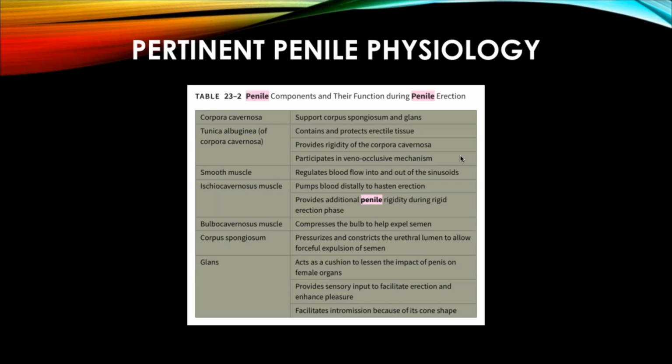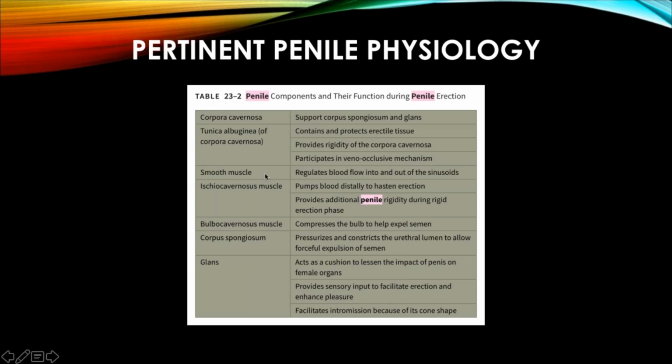Because it's the coating, it has small veins that course through it. As the penis stretches and fills with blood, those veins are stretched, and that causes veno-occlusion. So as you stretch the penis, blood gets trapped into the penis. So any disorder that inhibits the penis's innate ability to stretch may also impair erectile function.